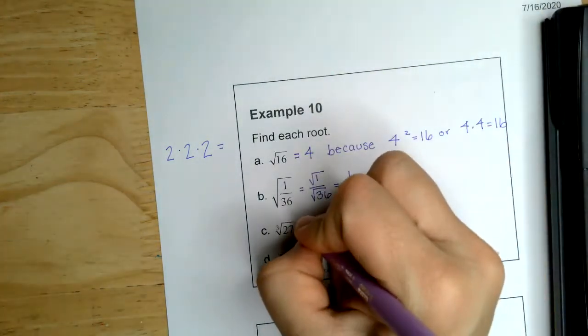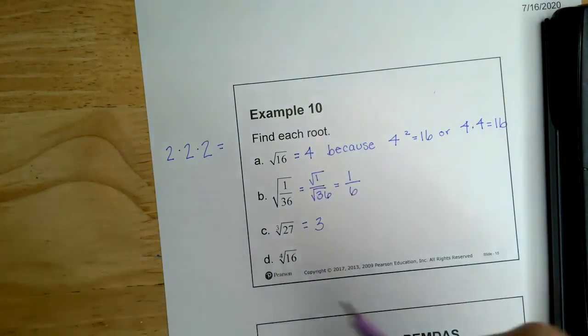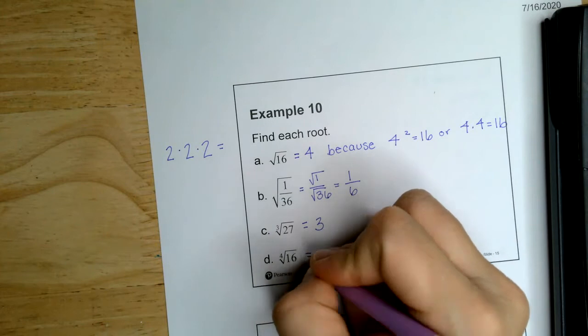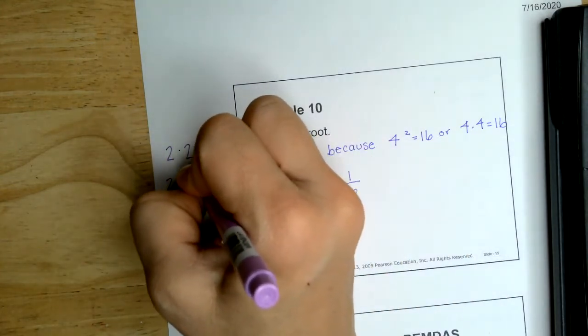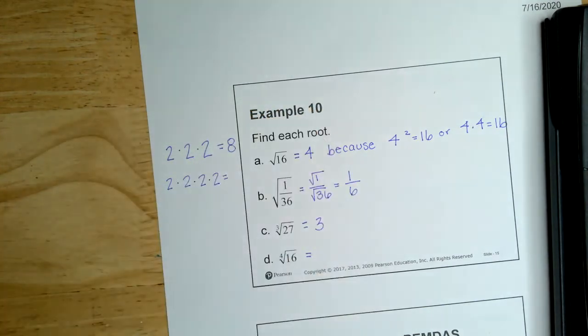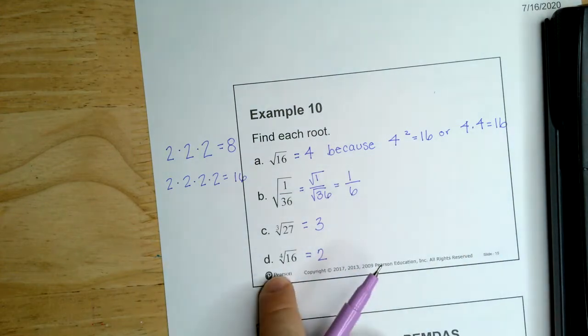So the cubed root of 27 is 3. The 4th root of 16, if this is 8, what do you think that is? Yes, it's 2 times 2 times 2 times 2, which is 16. So the 4th root of 16 is 2.